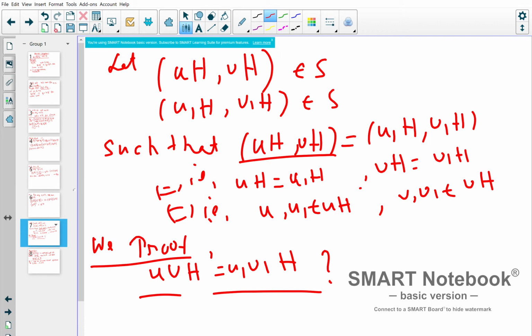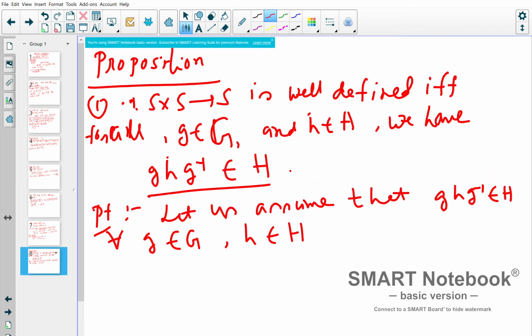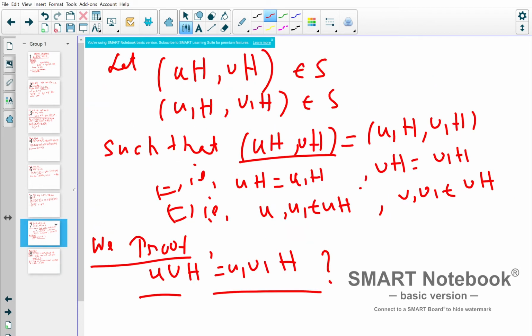Of course we can. You remember that U and U1 are elements of UH, so that means you can write U1 equal to U times some H1. Similarly, you can write V1 equal to V times some H2.